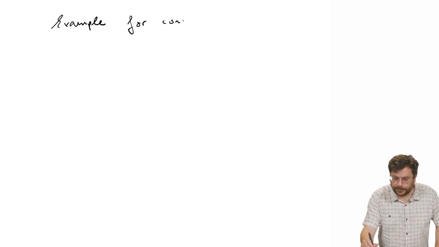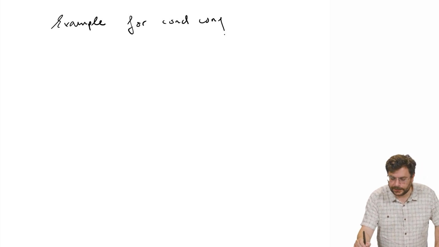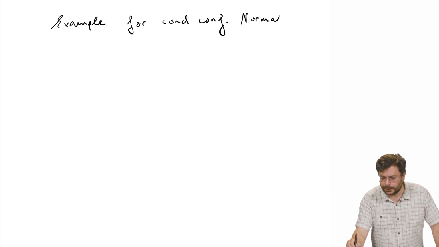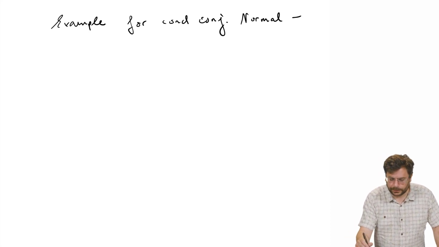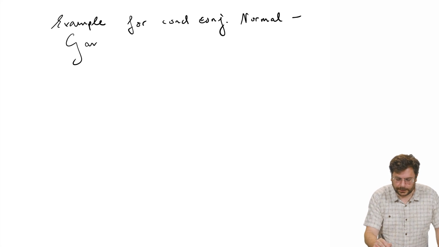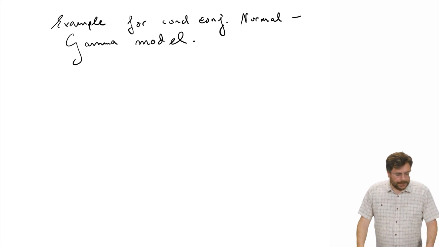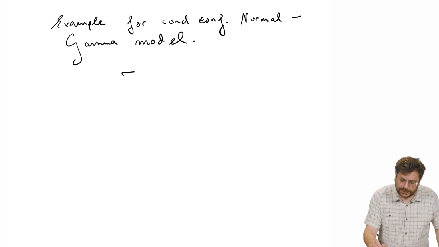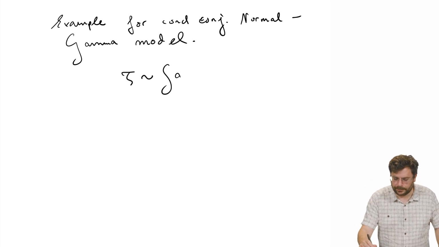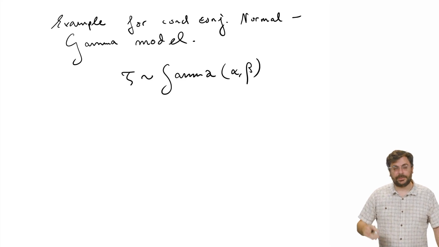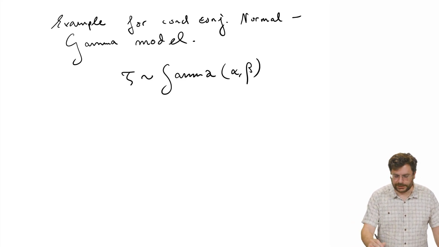This is an example for a conditionally conjugate normal gamma model. So in this particular case, we're going to assume that the precision is drawn from a gamma distribution with 2 hyperparameters for the scale and the shape.